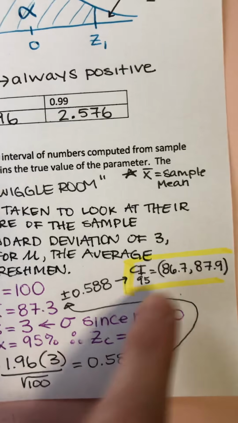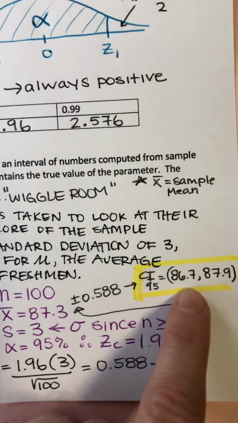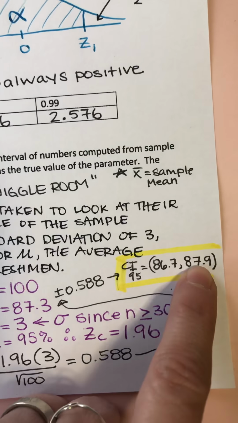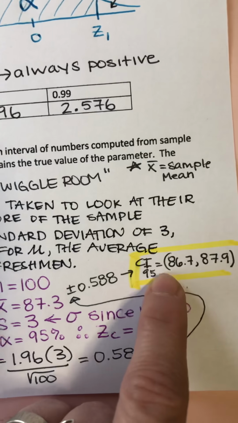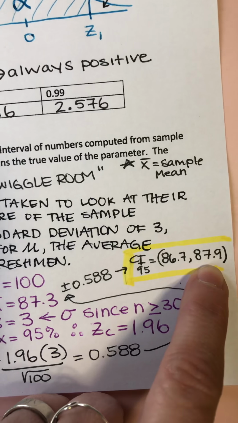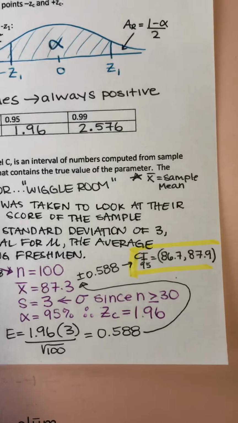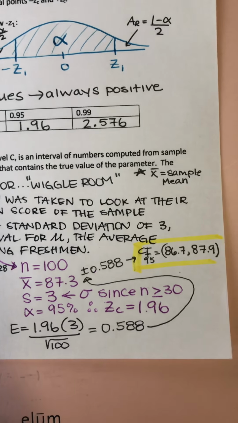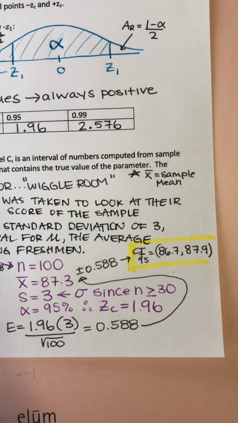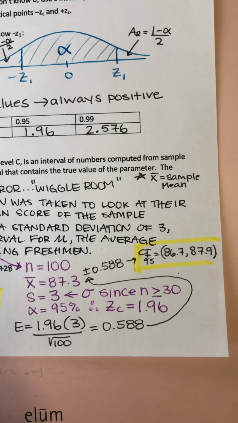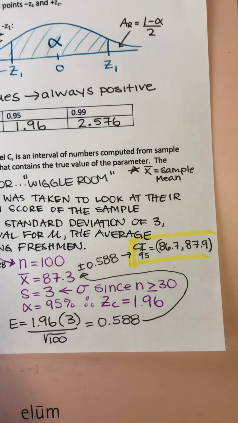We're going to add and subtract that to the mean, and it gives us this lower bound and this upper bound. This is considered the confidence interval. What that means is if we repeated this over and over, with many, many, many samples of 100, 95% of the time, the population mean would fall in between those two numbers.